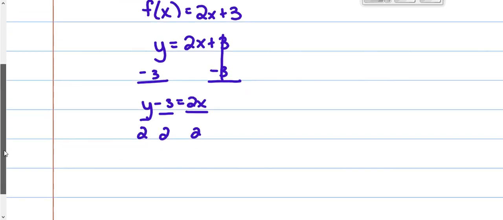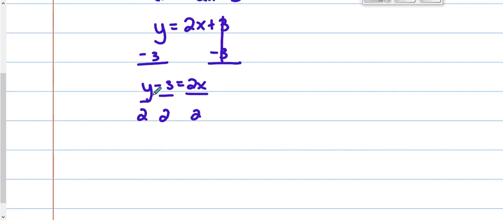Now remember, if you're dividing a variable by a number, you always have a number in front of that variable, no matter if it's actually there or not. So we have an understood 1 right there. That right there can be rewritten as 1/2 y minus 3/2, equals, and those 2's cancel, we have x.